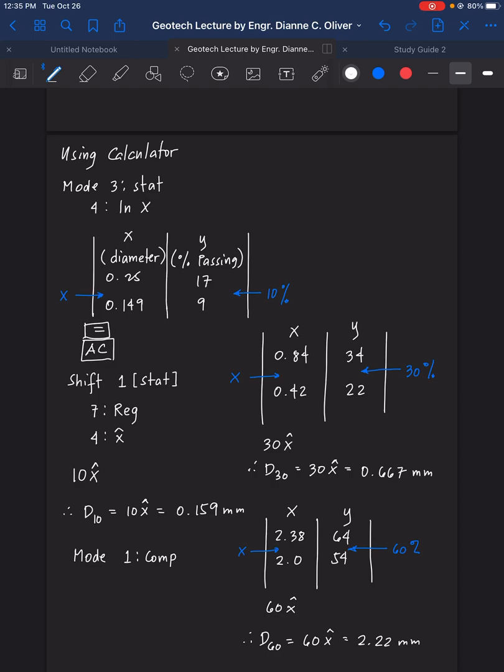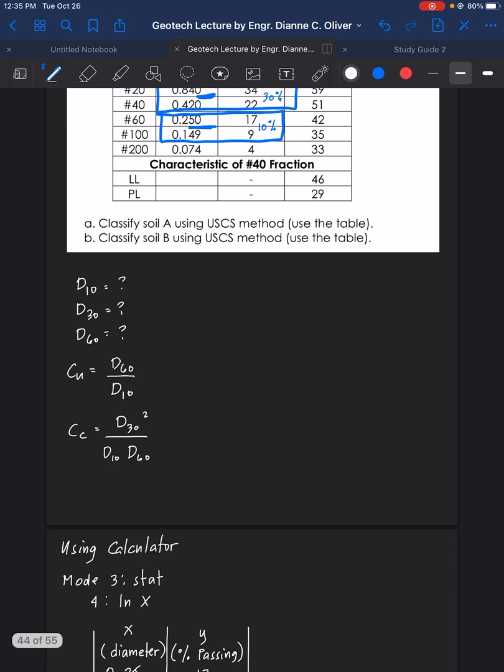Okay, so finally we have values for the 60, the 30, and the 10. The D10 is 0.159 mm, the D30 is 0.667 mm, and the D60 is 2.22 mm. So Cu is 2.22 divided by 0.159, that is equal to 13.96.